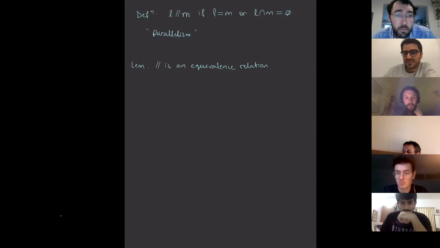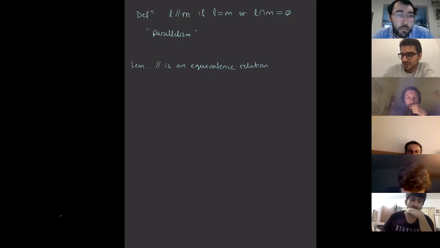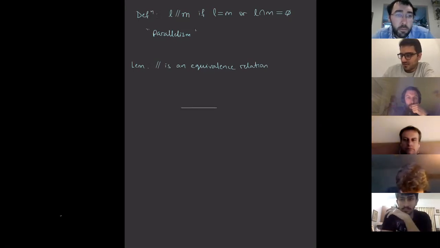Okay, so for the equivalence relation, some of the properties are straightforward from the disjointness, namely that it's reflexive and symmetric. But for transitivity, maybe you have to think a little bit.